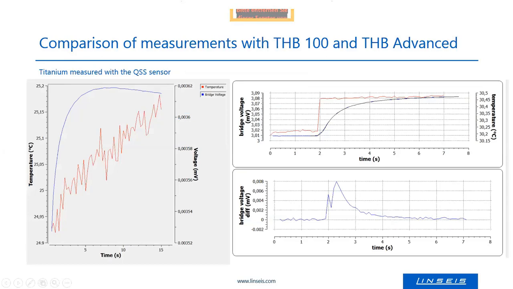Then the next example shows titanium, which is a metal at the lower end of the thermal conductivity range. The measurement looks a little bit more noisy because the signals are getting smaller the higher the conductivity is.